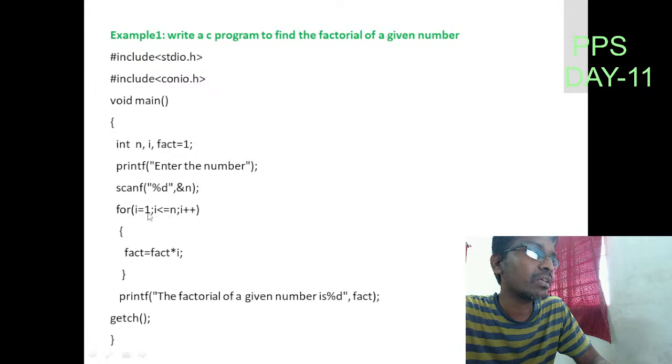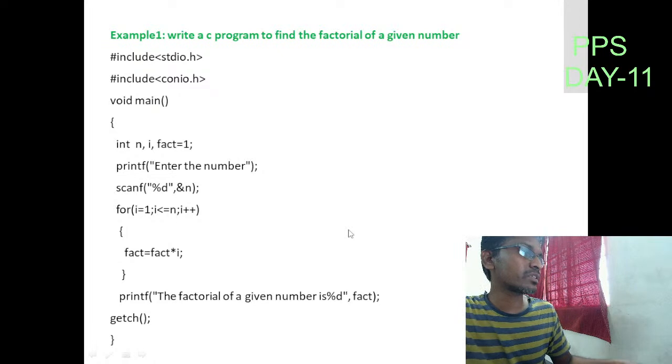Now the condition is false. Whenever the condition is false, it comes out of this block and goes to the printf function. Then it prints the factorial of a given number is, followed by the formatted string, comma fact. So I get the output: factorial is 120.